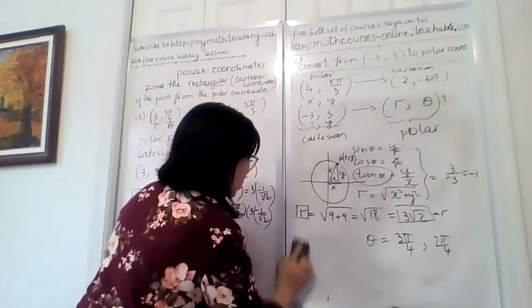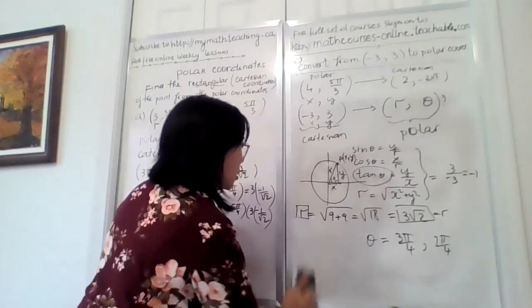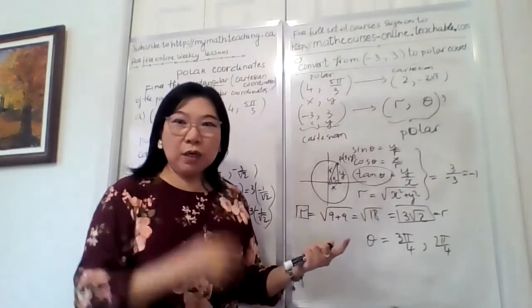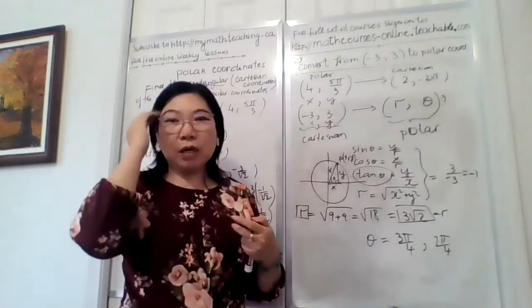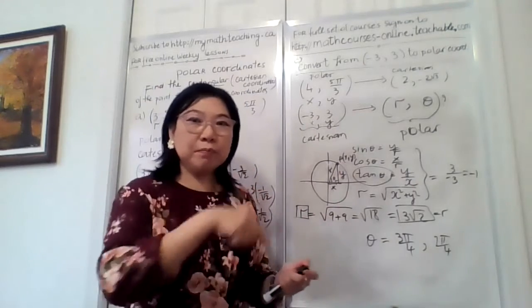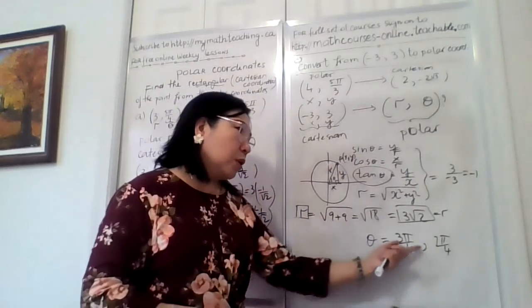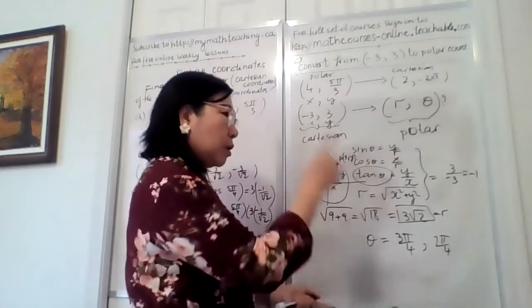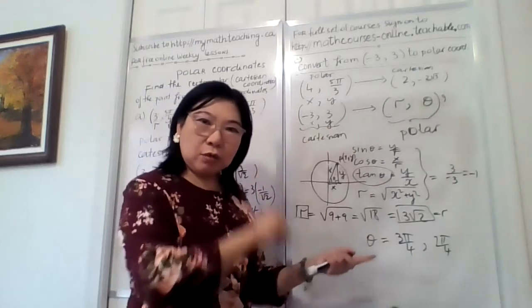Now keep in mind that this question doesn't tell us how many rotations we have. What is the restriction on the angle, from where to where? It means we can have many angles with the same values if we go around the unit circle.